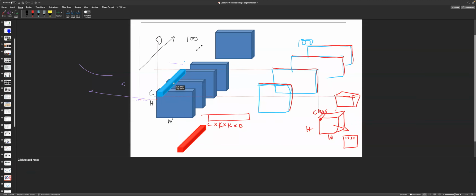Let's consider a 3 by 3 by 3 kernel: spatial 3 by 3, but also a depth of 3. I take 3 slices at a time. So in this position, I do element-wise multiplication and generate a scalar.